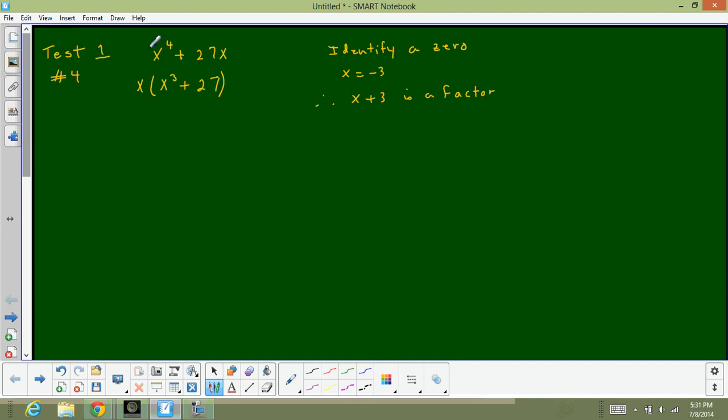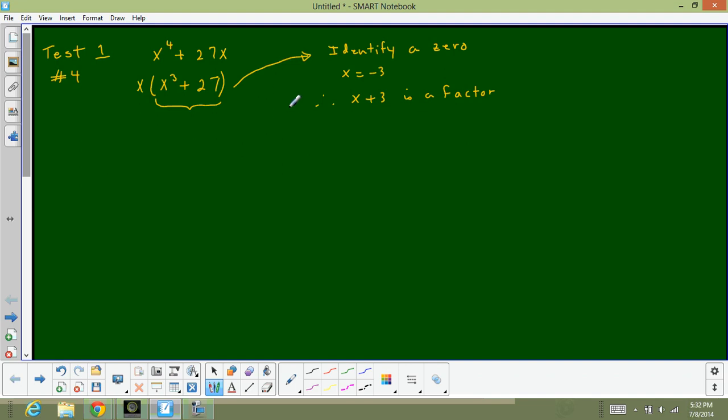So at any rate, we're going to start the same way. We're going to start by factoring this and identifying x as a common factor and dividing the x out of each term. Then, to go further, you have to look at this x cubed plus 27 piece, and you have to identify a zero of that thing.